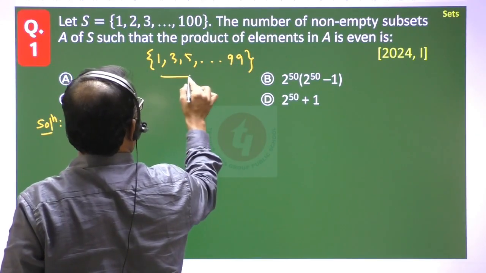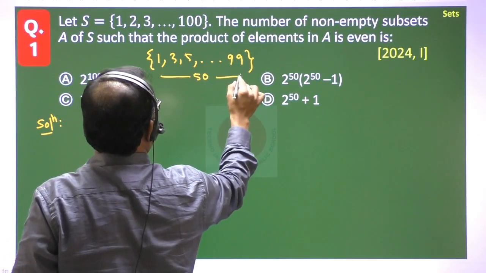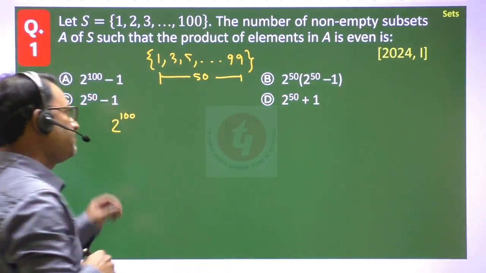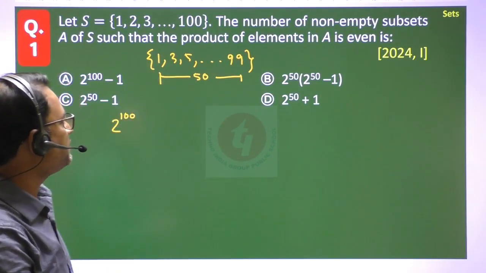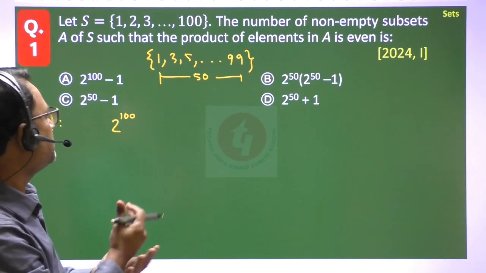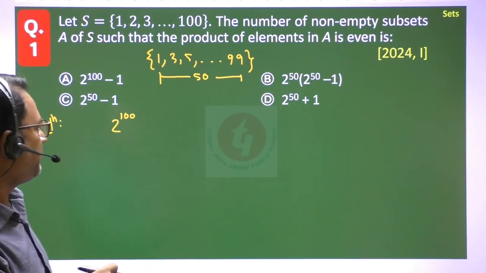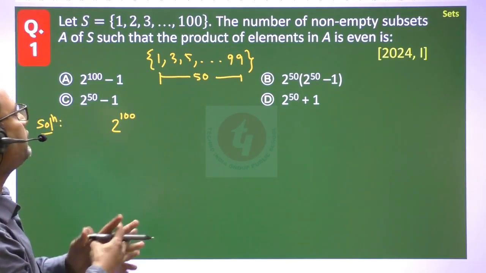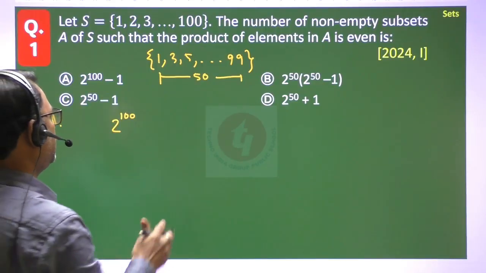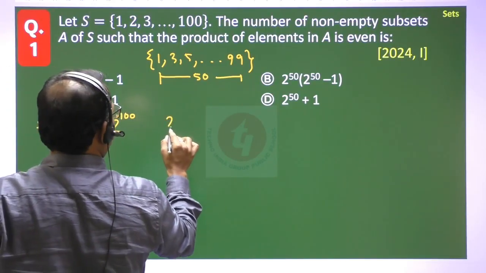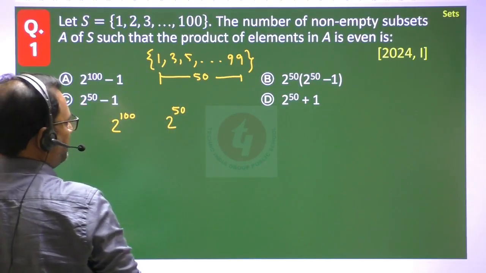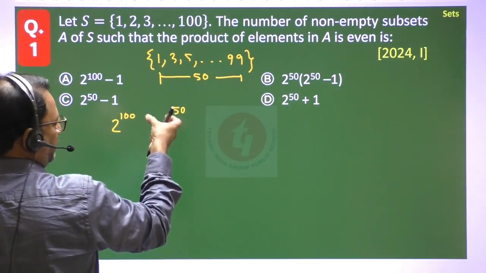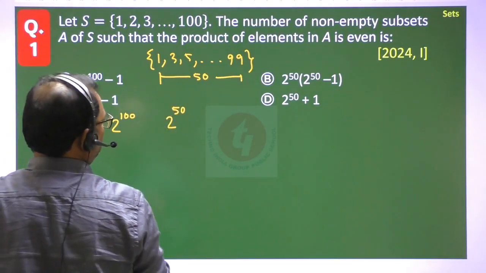If I ask you how many elements are there, you say there are 50 elements. If we form any subset with the help of these 50 elements, the total number of subsets will be 2 to the power 50, where the product of the elements must be an odd number.